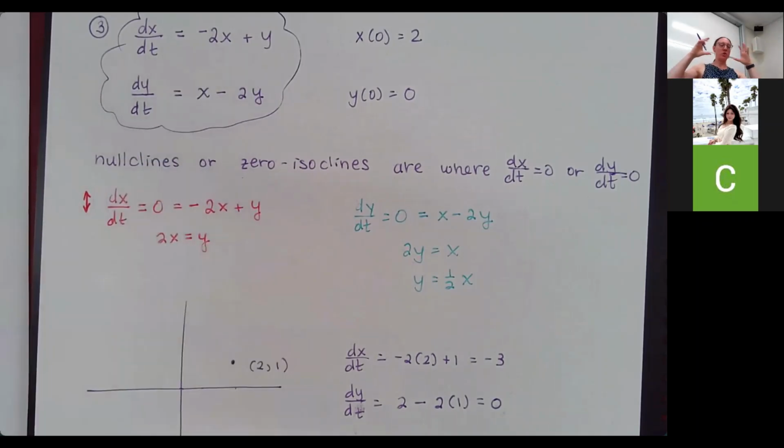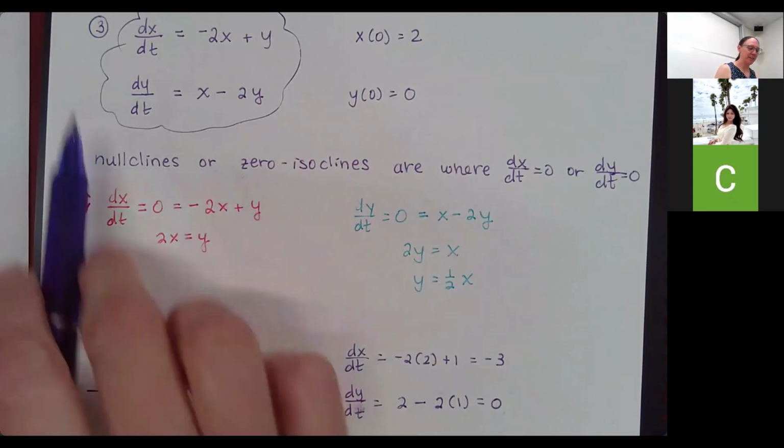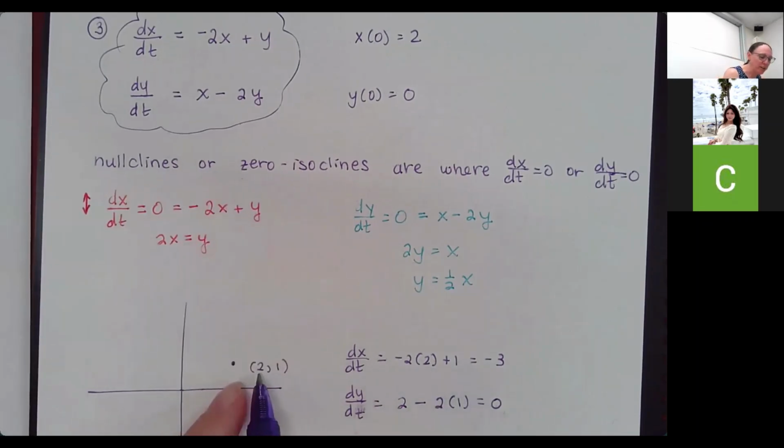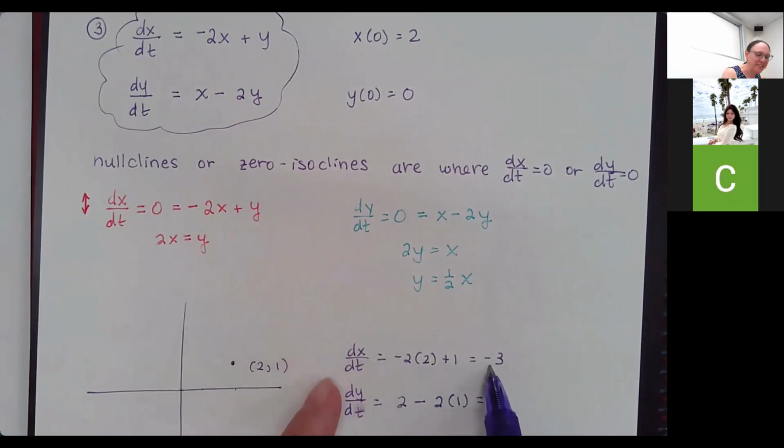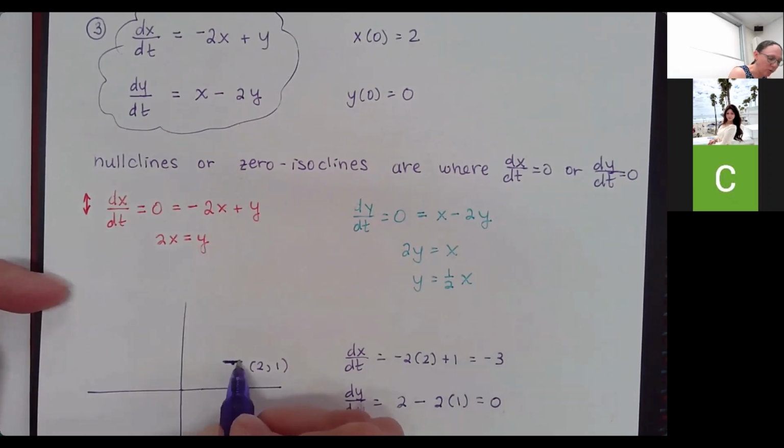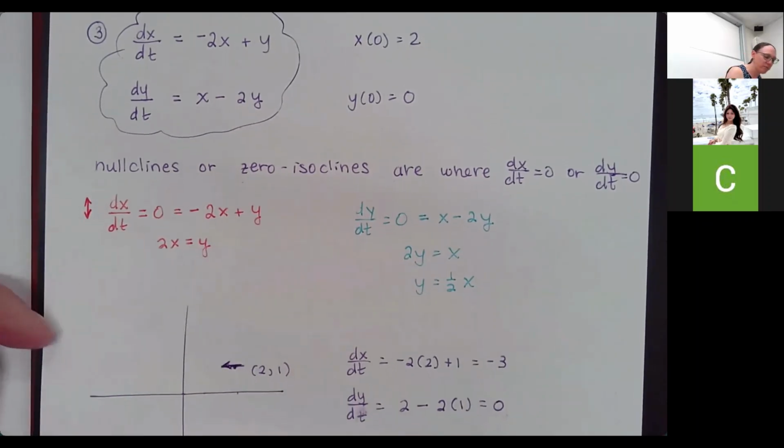That's how those direction fields get plotted, right? By thinking about this. So if I'm standing at the point 2, 1, then this says I should move 3 to the left, up 0, right? So I'd have an arrow that pointed directly to the left.